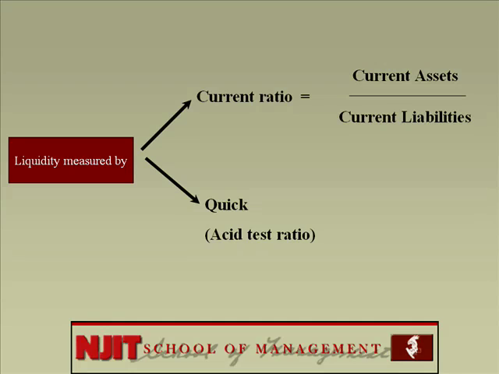Most fraud, or manipulation, it's a better word, occurs through inventory. If a company's current ratio is low, they generally tend to increase the ratio by inflating inventory. It's very difficult to pick this up.